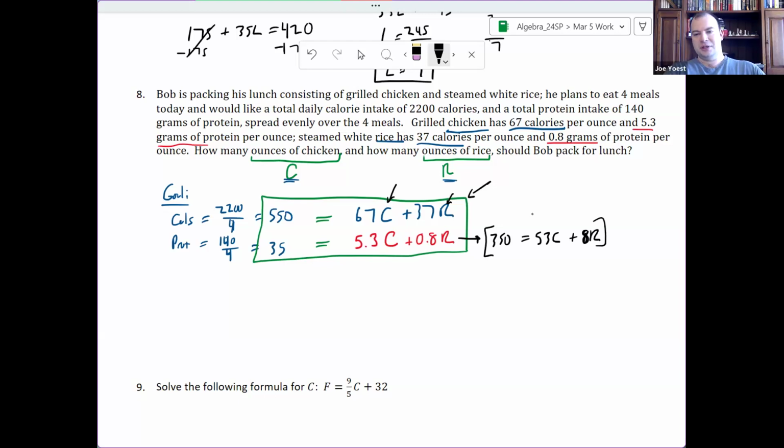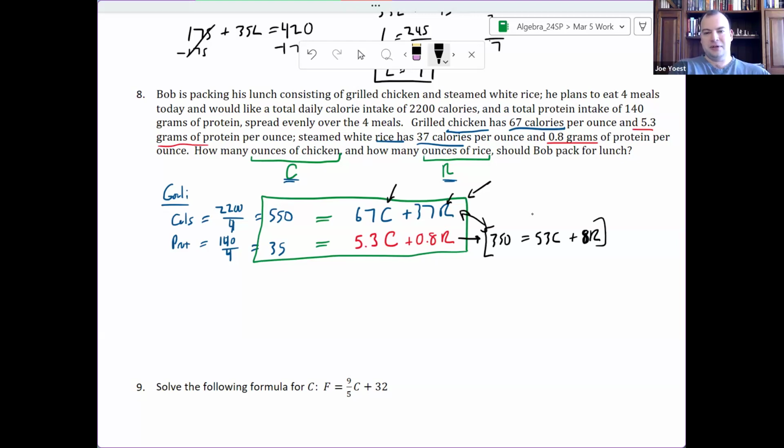Now, again, this combination of two equations is a little harder than most of the equations we've seen so far. But we remember the general strategy. The general strategy was to solve one equation for one of the variables and substitute it into the other equation, and then multiply it and simplify.